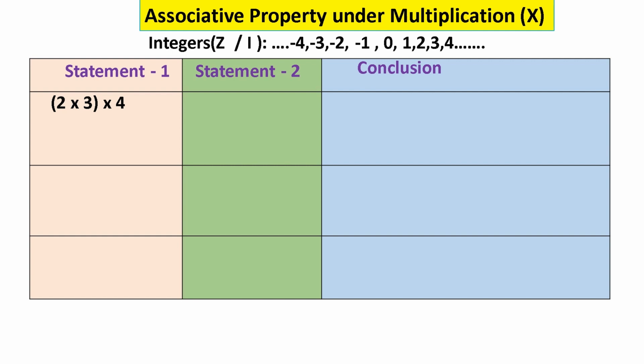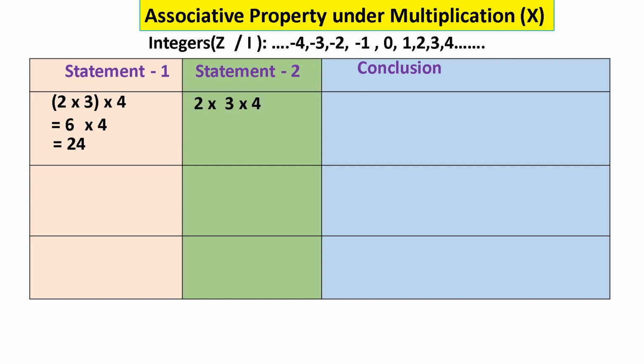We first multiply the first two integers, and after that the third integer is multiplied. Now 2 into 3, we will get 6, and 6 into 4, we will get 24.